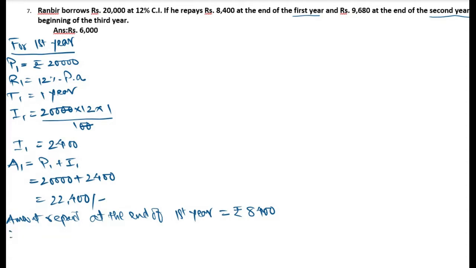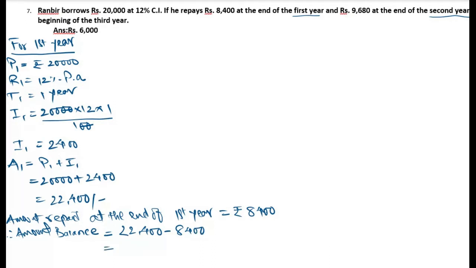Therefore, amount balance. Balance means the loan which is still balance. Amount balance is equal to 22,400, which is the amount at the end of first year, minus 8,400.